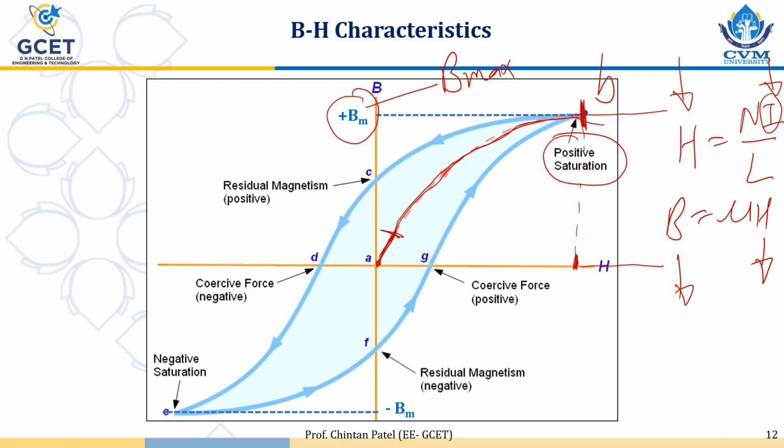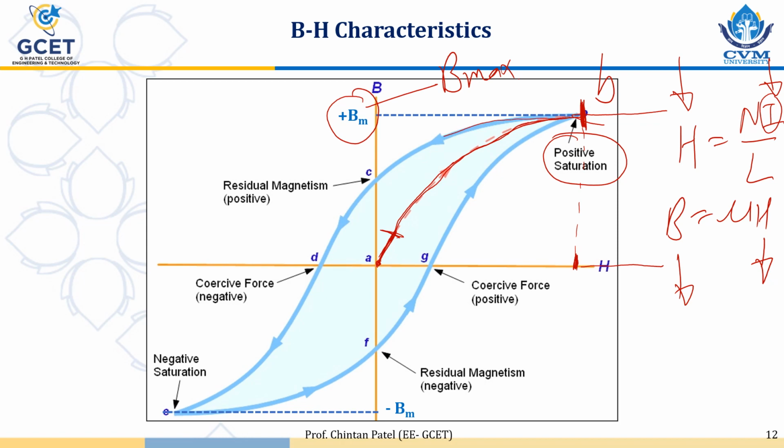But now, this reduction of magnetic flux density will not follow the earlier graph. Earlier graph is AB part or AB path. So when we reduce the current, now B and H graph will not follow the original path AB, but it will follow a completely another path.